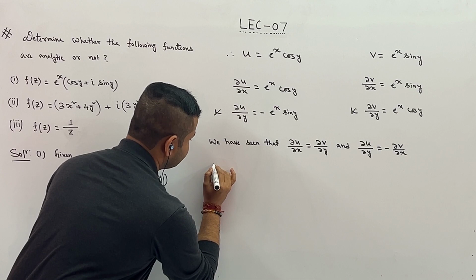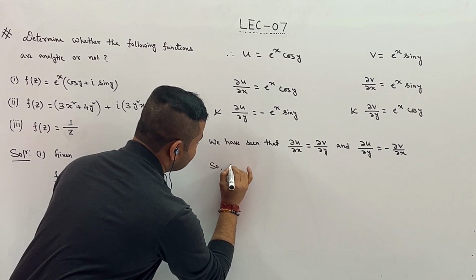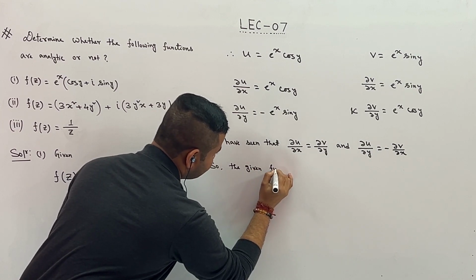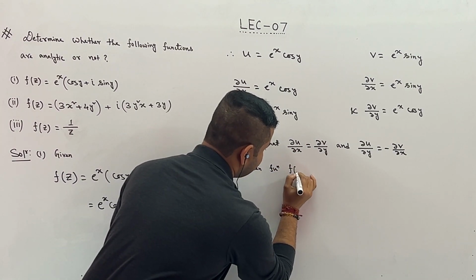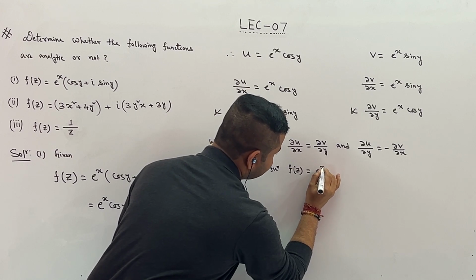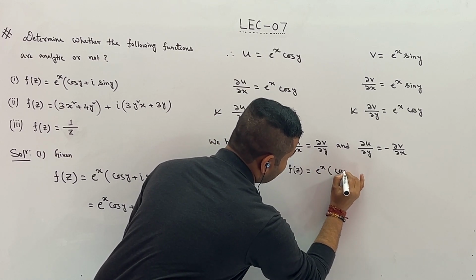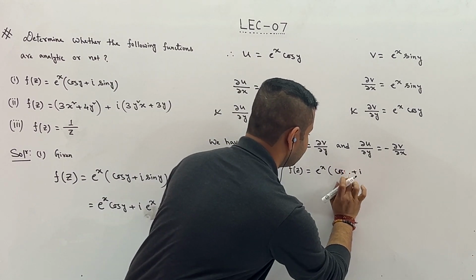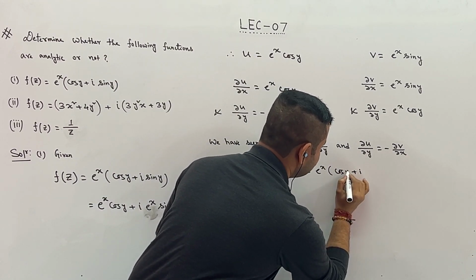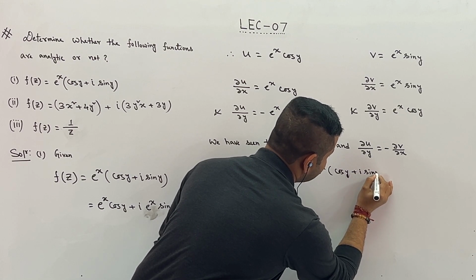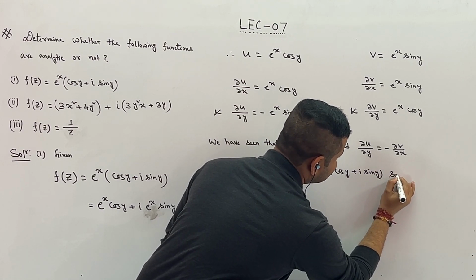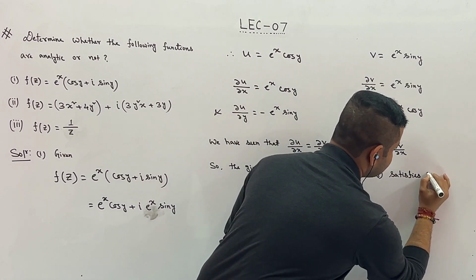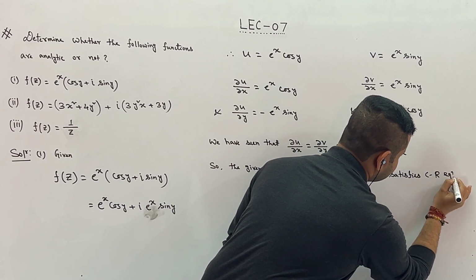So the given function f of z is equal to e to the power x into cos y plus iota sin y satisfies CR equations.